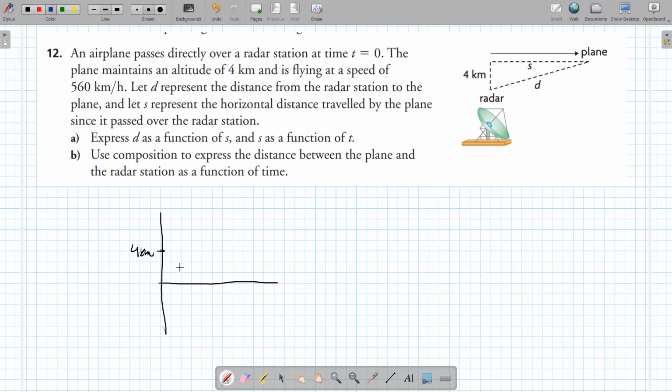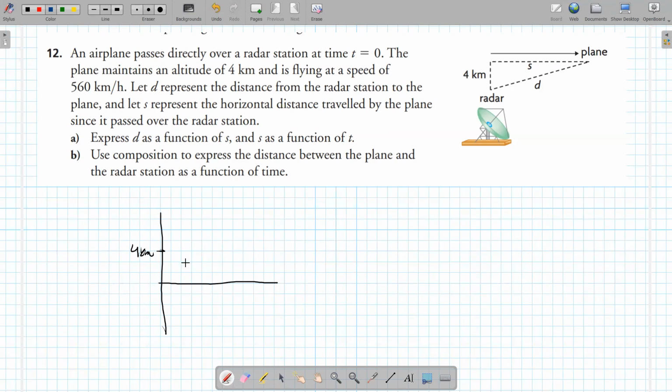So that's going to be the horizontal distance. Let D represent the distance from the radar station to the plane, and S represent the horizontal distance traveled by the plane. Express D as a function of S and S as a function of T.